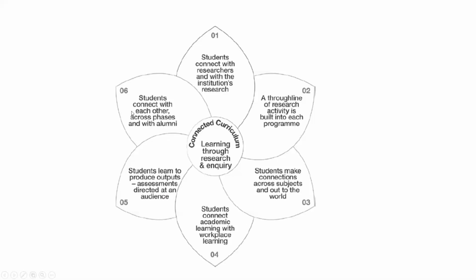The next petal round, sort of closing the loop on this framework, is that students connect with each other across various stages of their program and also with alumni. Often this will be through co-curricular activities. For example, here at UTS, we've got UTS Motorsports. They're building their racing car, and there are students from various stages of engineering, but also I think the business faculty as well.